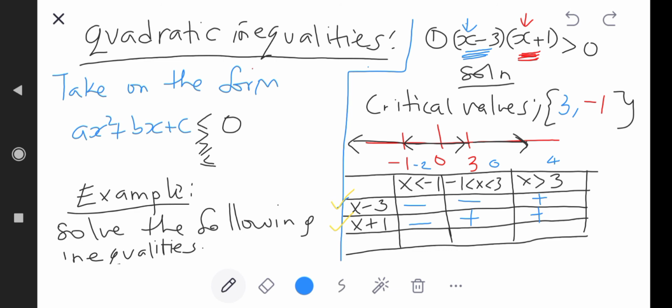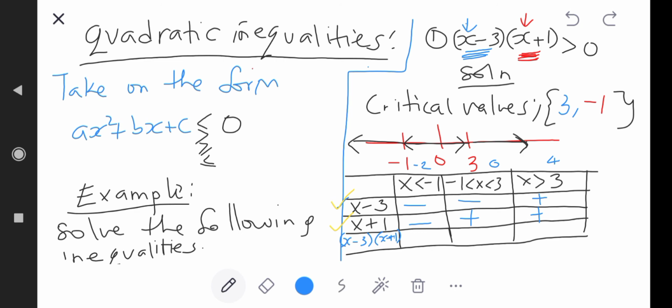Then in the last box is where I'm going to have the two combined. I'm going to have the product of x minus 3 and x plus 1. That is a product. Okay?